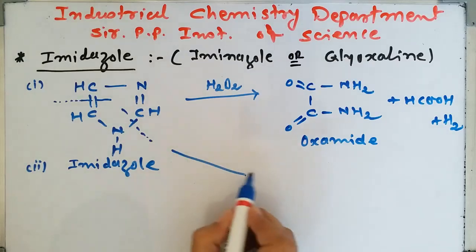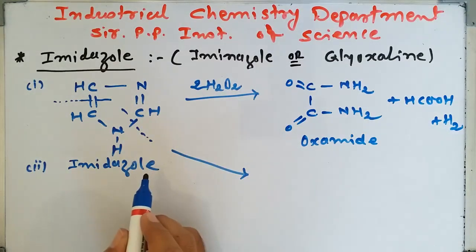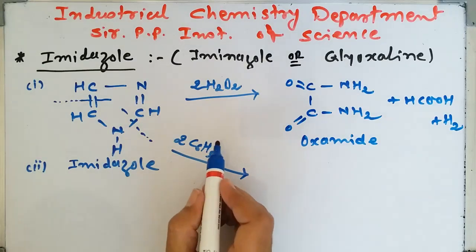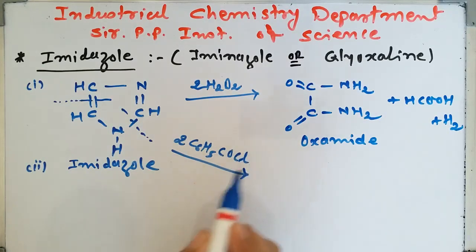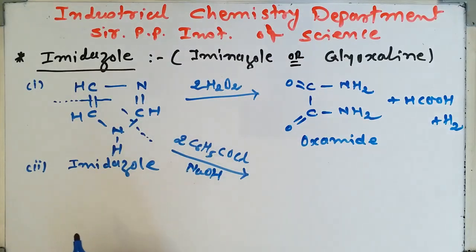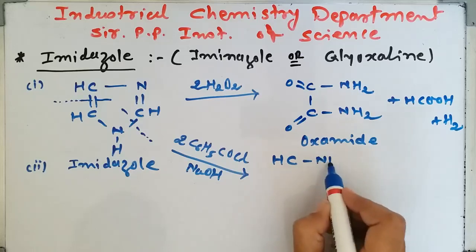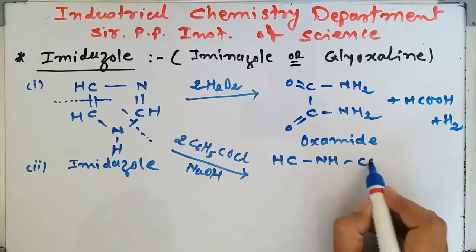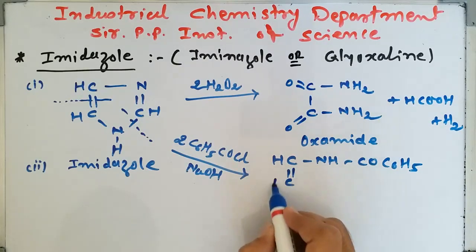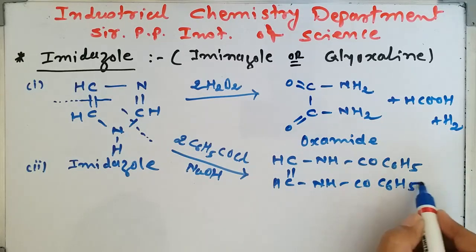When it is treated with 2 moles of benzoyl chloride, C6H5COCl, in the presence of NaOH, the ring opening reaction takes place. CH, NH, CO, C6H5, CH, NH, CO, C6H5.